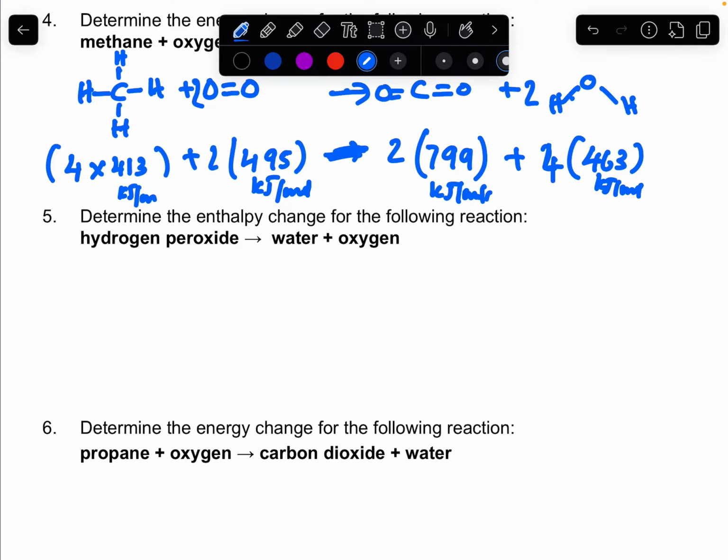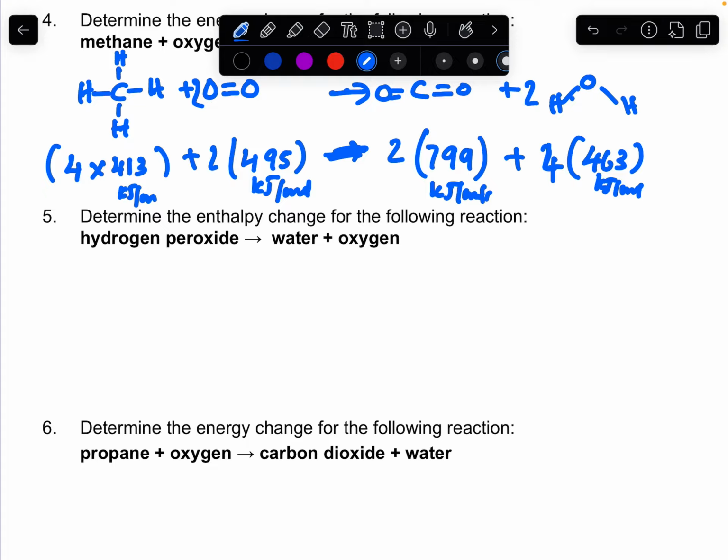So we are starting from 4 times 413 plus 2 times 495. Okay, then minus 2 times 799.